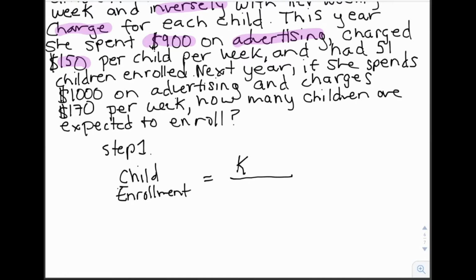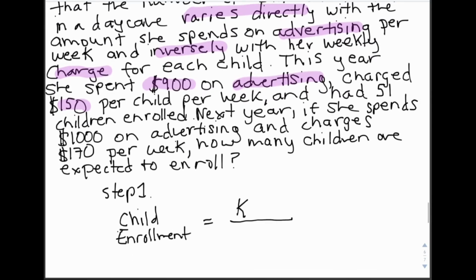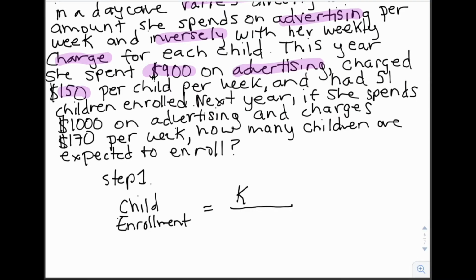Let's deal with our directly proportional part first. So let's go back up here. Varies directly with the amount she spends on advertising. So k and then amount she spends on advertising is going to be on the top. And I'm just going to go ahead and abbreviate it, advertising. What else does it tell us? It tells us inversely with her weekly charge for each child.